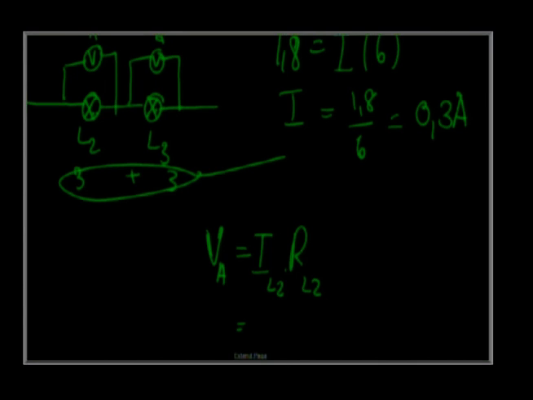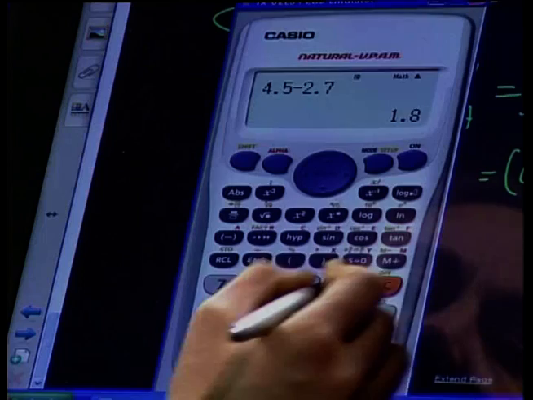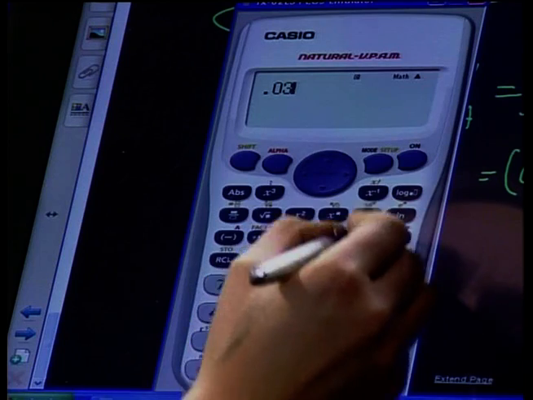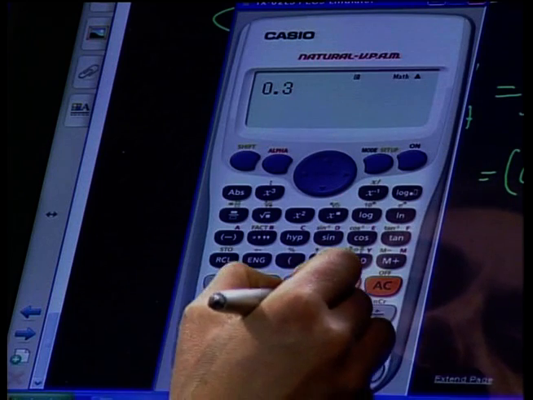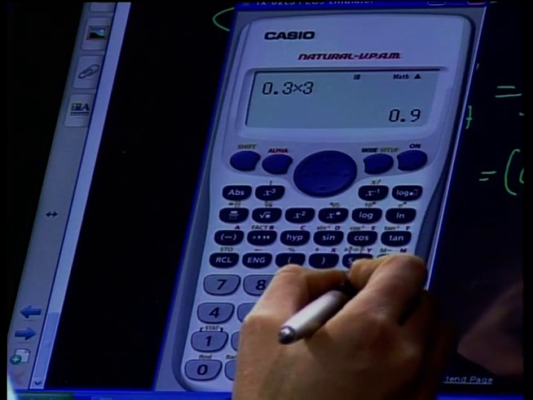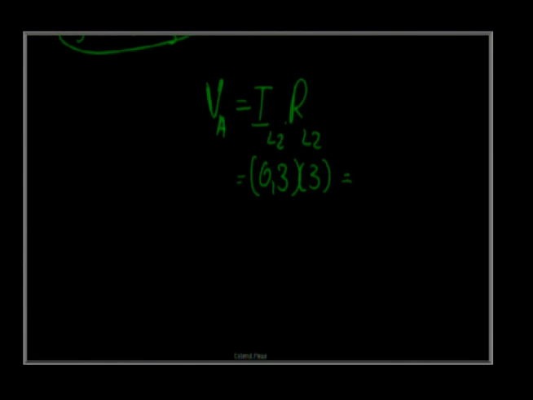So that is going to be your 0,3 multiplied by your 3 ohm resistance, and that is going to work out to be, let's verify that, 0,3 multiplied by 3, it's going to give you your potential difference of 0,9. So potential difference works out to be 0,9 volt.